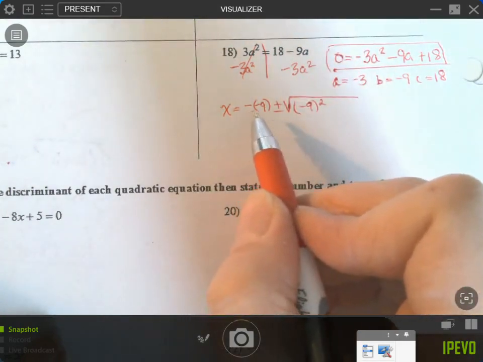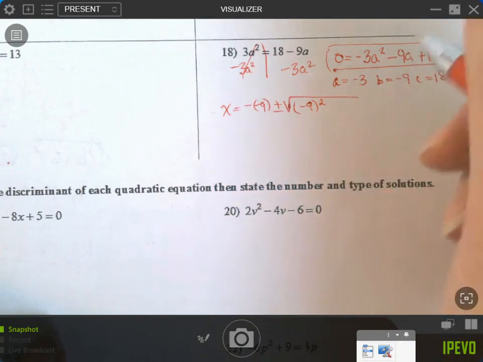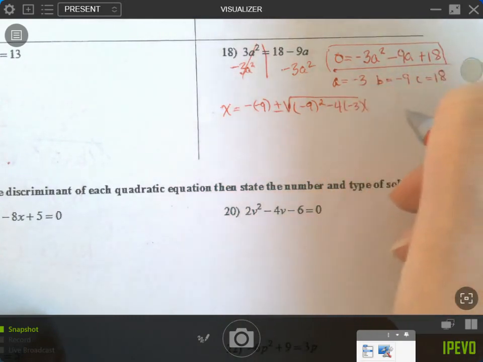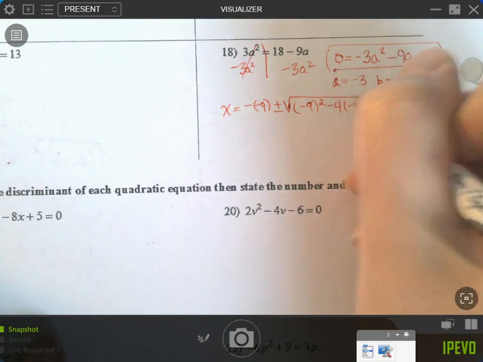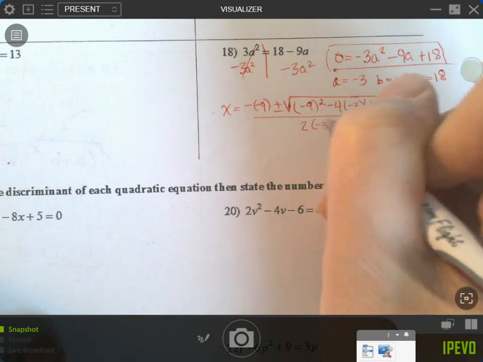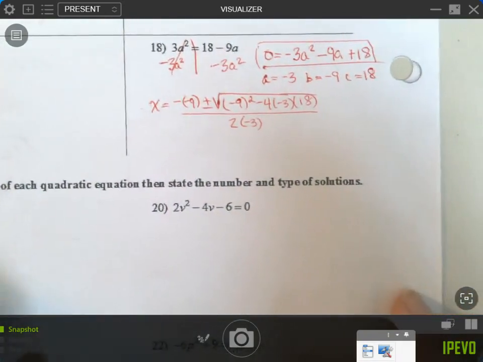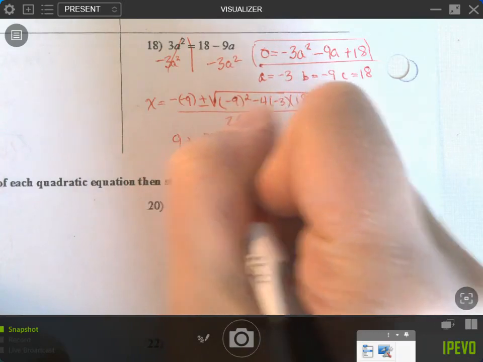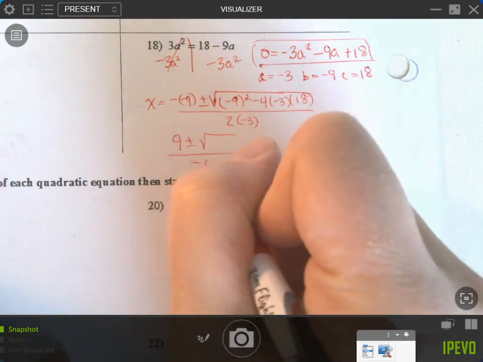All right, so I've got the opposite of b here, plus or minus the square root. I've got to take b squared minus 4 times the a value times the c value, all over what? 2 times a, which is negative 3. All right, we're going to break this down into those three chunks. So positive 9 plus or minus something, all over negative 6.